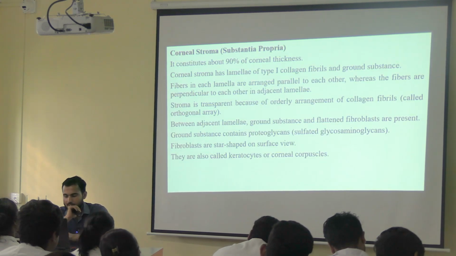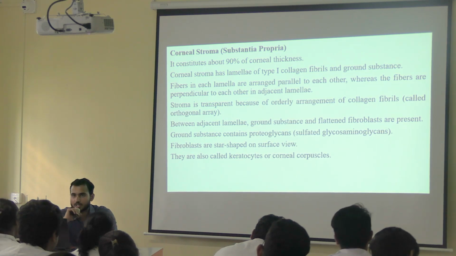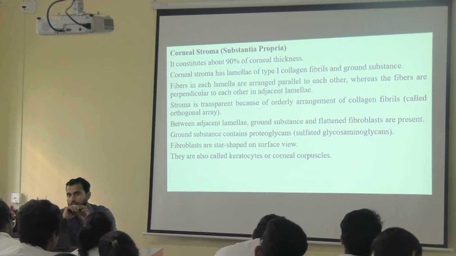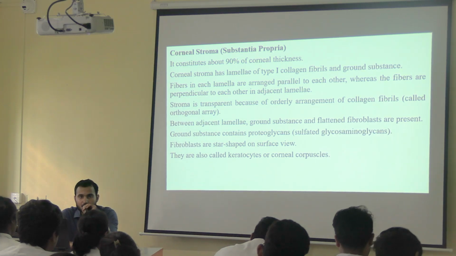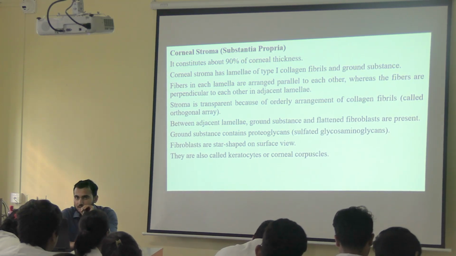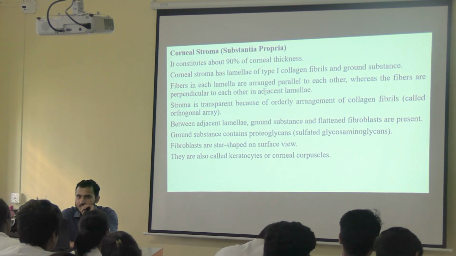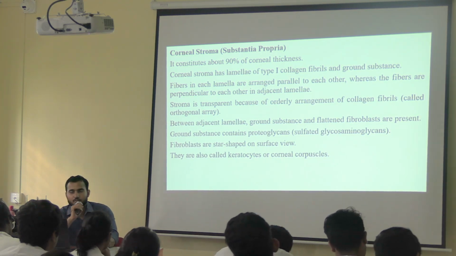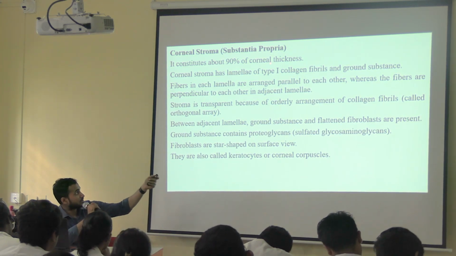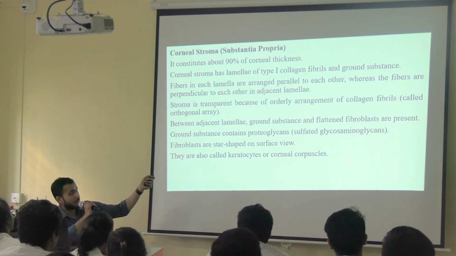Next layer. What is the next layer? Corneal stroma. Most of the thickness of the cornea is made up of this particular layer, the corneal stroma, 90%. Okay. Now the question is, what is present in this layer? Mainly you can see the collagen fibers are present, that also in the form of lamellae.